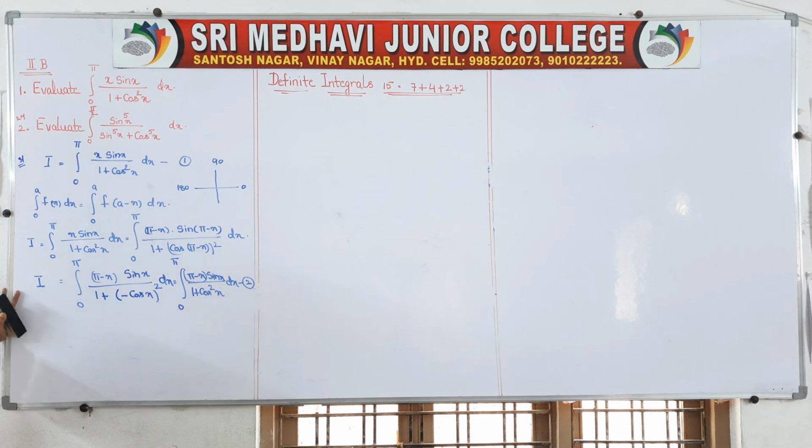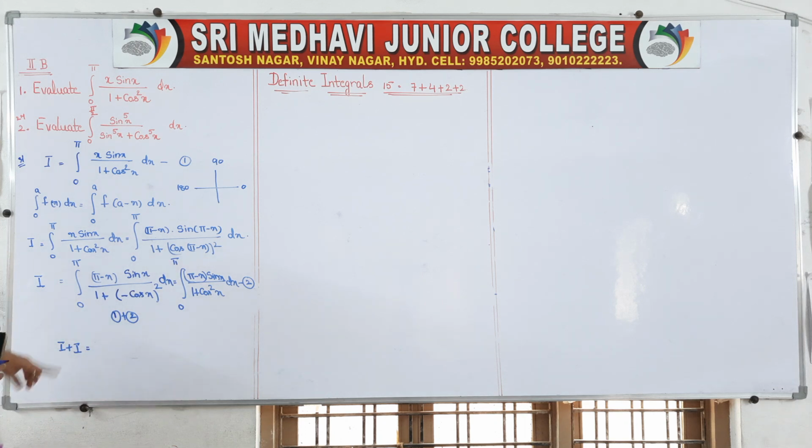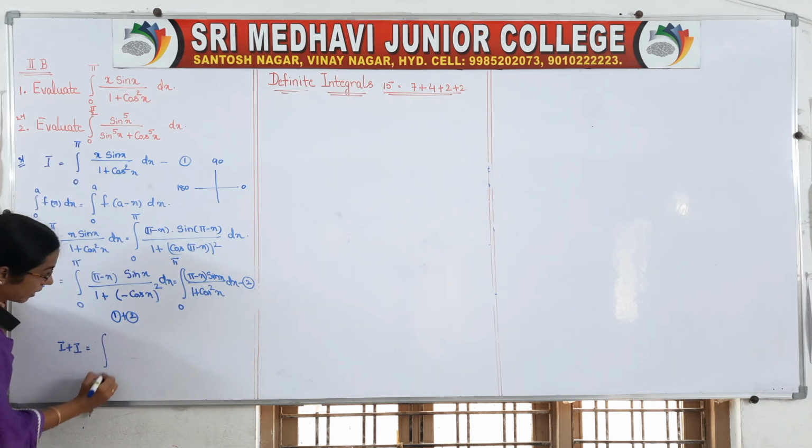Now we can add 1 plus 2 as usual, I plus I. Whenever both are having the same limits, 0 to pi, here also 0 to pi, we can write the values combined.